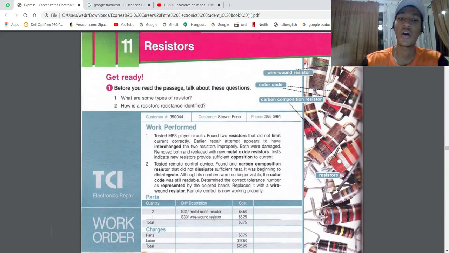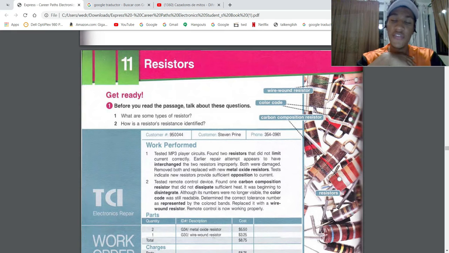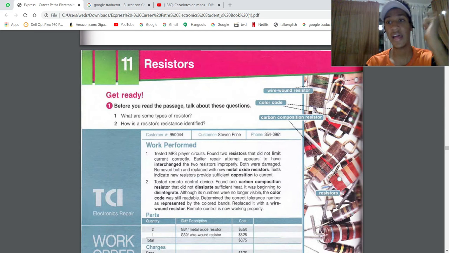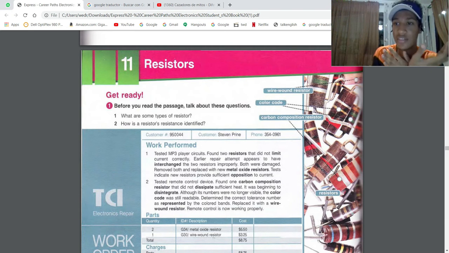But how if I need to change momentarily the resistance, what I want to do? That question is answered in the next transition.